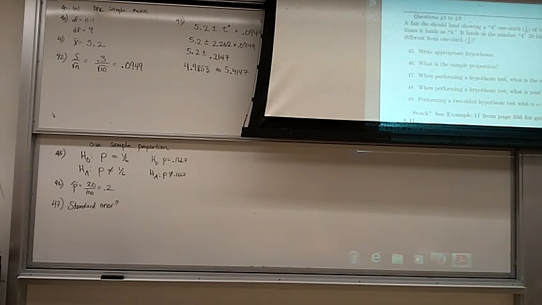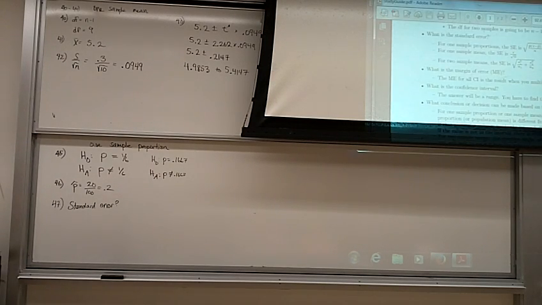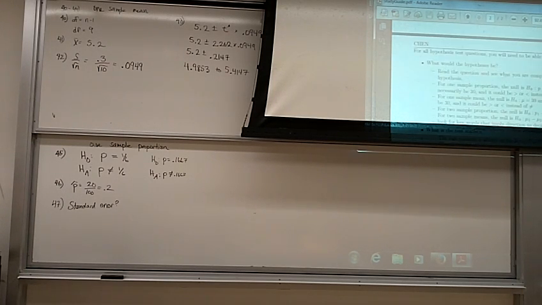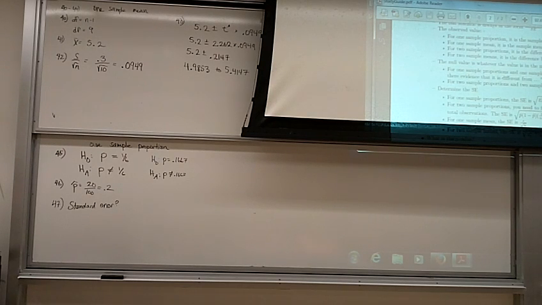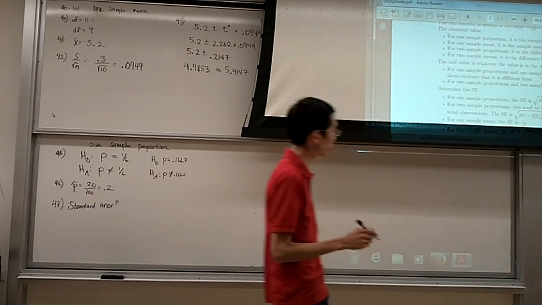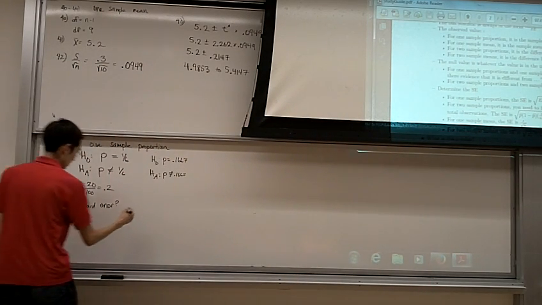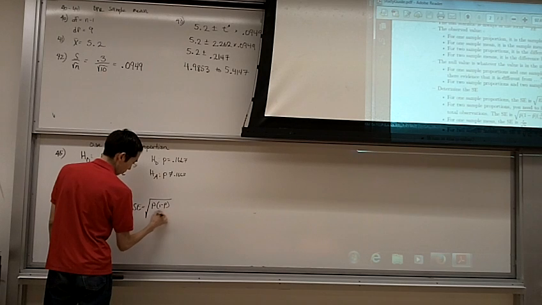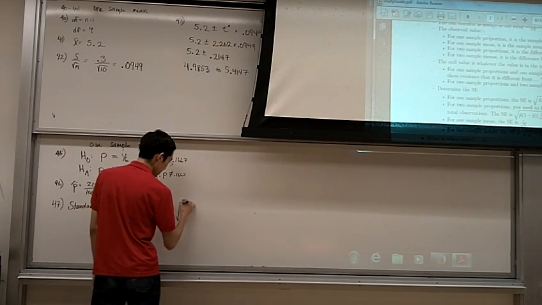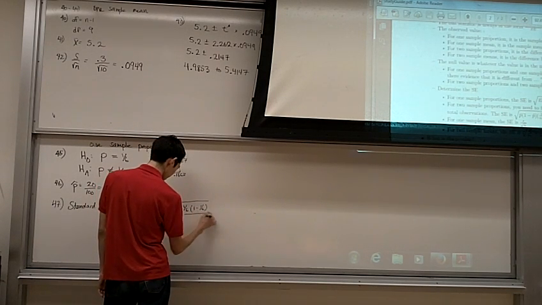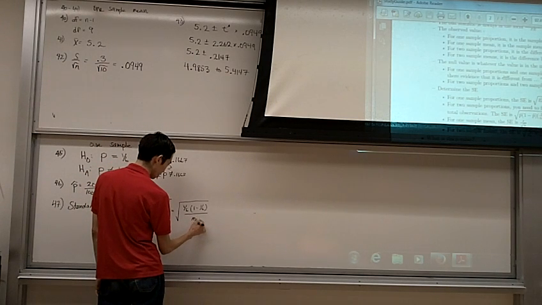So what is our standard error? Let's refer to our chart. Yeah, we'll look at our study guide, okay? We're doing hypothesis tests. So this is all confidence interval stuff. The standard error is square root of p times 1 minus p over n. Okay? And it says use the p from the null hypothesis. So I'm going to use 1/6 times 1 minus 1/6 divided by n, which was 100.